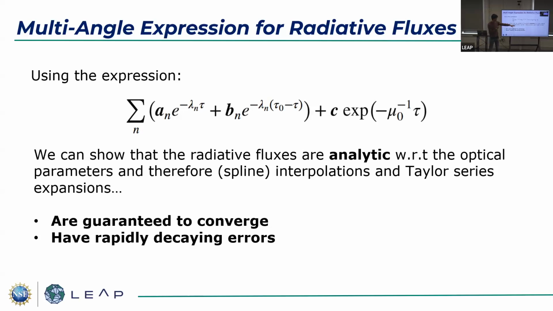So if you don't know what analytic means, don't worry, it doesn't matter. The whole point is that your functions are very, very nice. And so you get convergence guarantees, the error decays really fast, and this will have some implications for our methods later on.